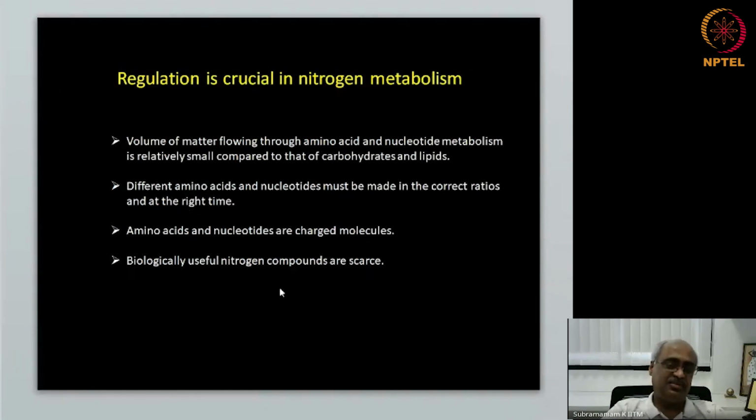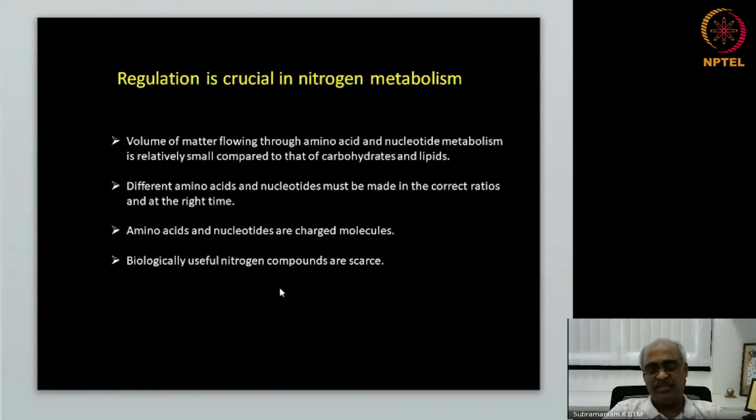And the nitrogen can be recovered and recycled, and as a result, the nitrogen compounds are scarce. The atmosphere has 70% nitrogen, but it is triple bonded, an extremely stable structure, and therefore it is not readily available in usable form in biological systems. So the biologically usable nitrogen is very scarce, and therefore nitrogen metabolism is tightly regulated and very efficiently scavenged and recycled again and again.